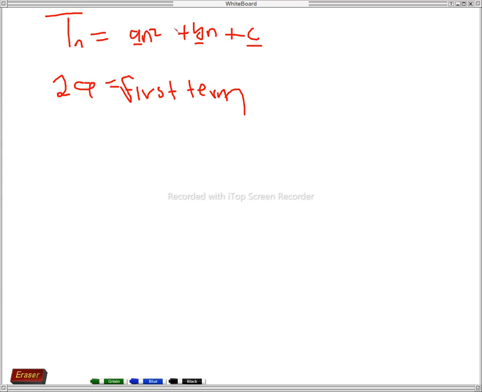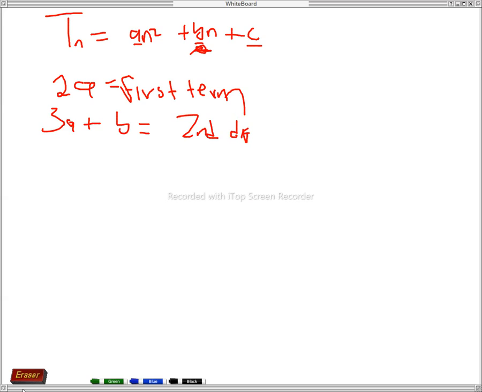And when we have to determine the value of B, the formula is 3A plus B, which is going to be equal to the second difference.